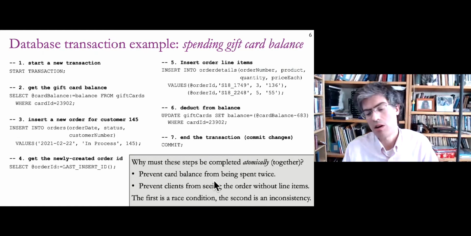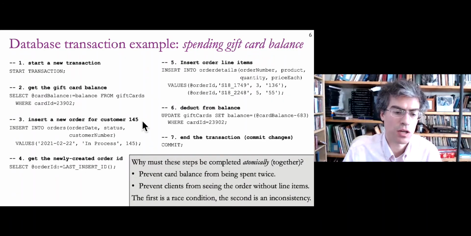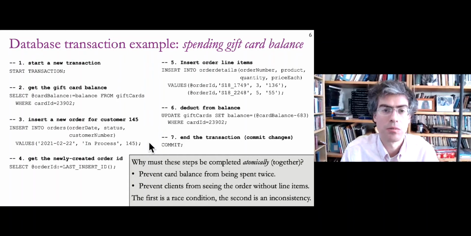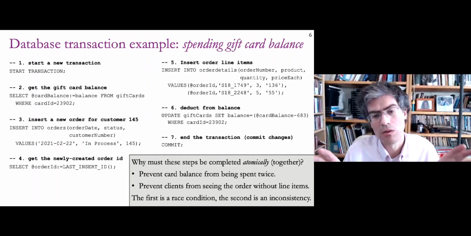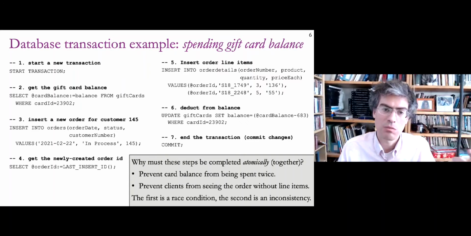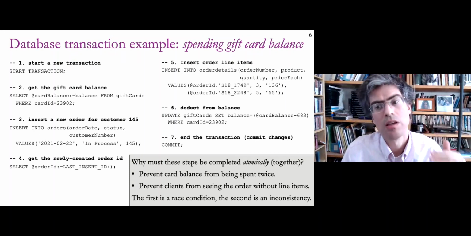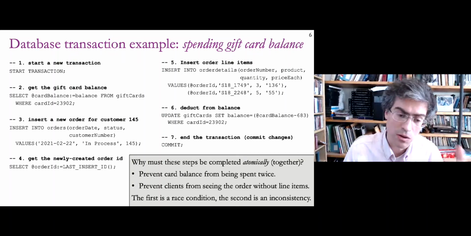So if another process were to check the order, they would say, yes, an order was created today, but that order is empty. So if a user happens to, with really unlucky timing, check their account status page, let's say, and see their orders, they would see there was an order placed today and it was empty. And that would confuse them, right? Because they know that they created an order with something in it.